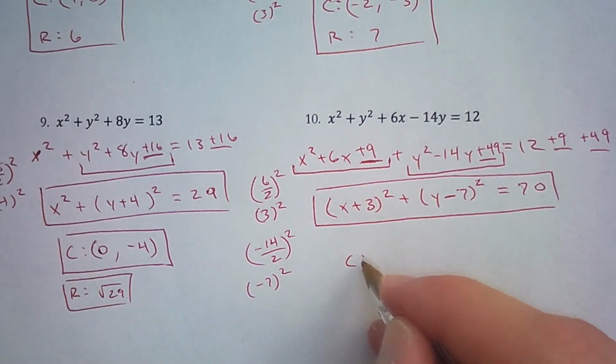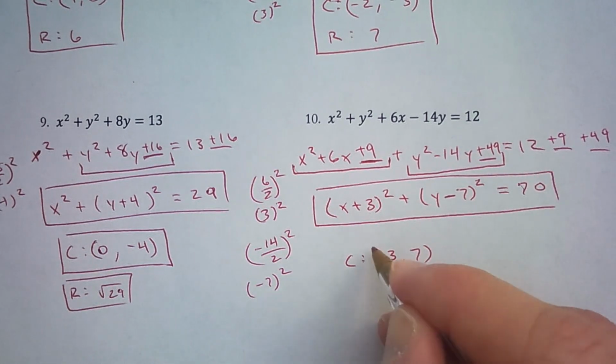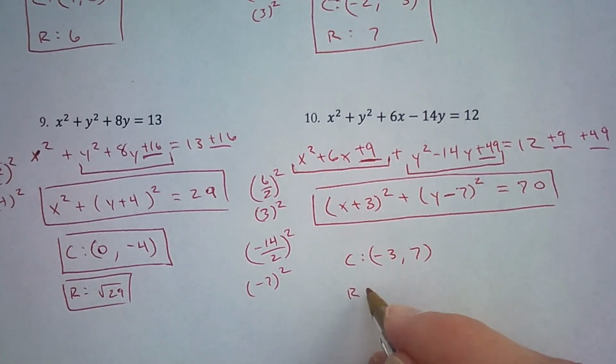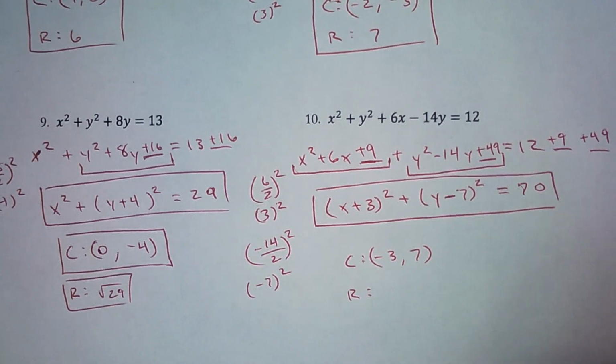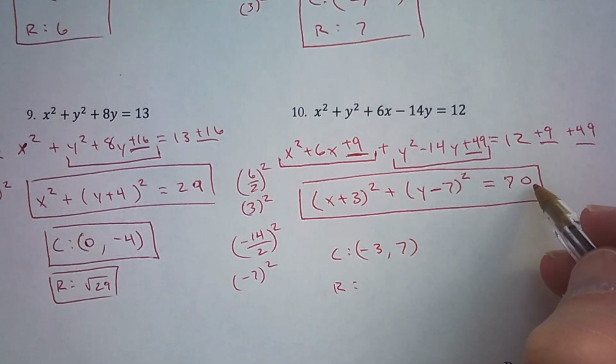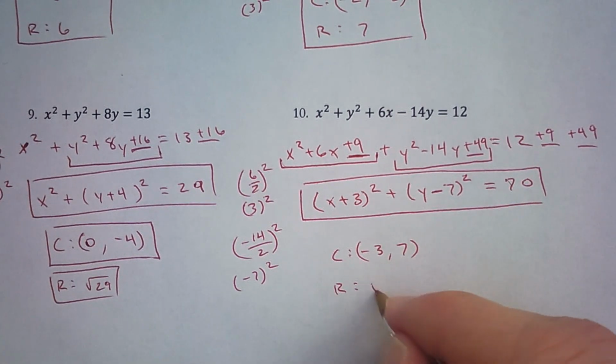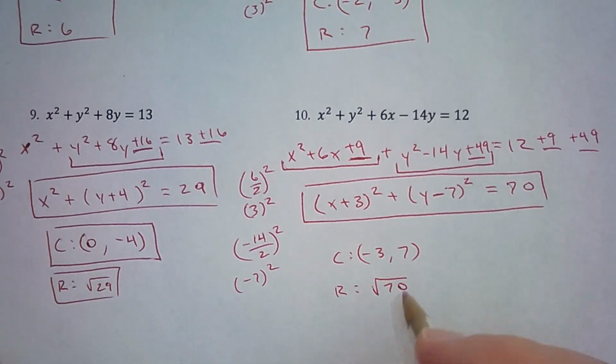Now the center is negative 3, positive 7. And the radius is the square root of 70. So 70 is 7 times 10. I'm not going to be able to get any square numbers that go into 70, so I'm just going to call it the square root of 70. That will not be simplified.